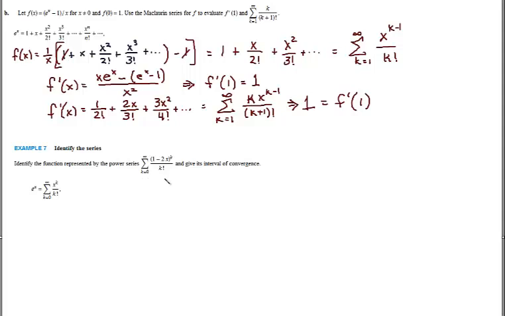Alright, if I look at this power series and I try to figure out which one it's most similar to, I choose e to the x, and it converges from negative infinity to infinity.